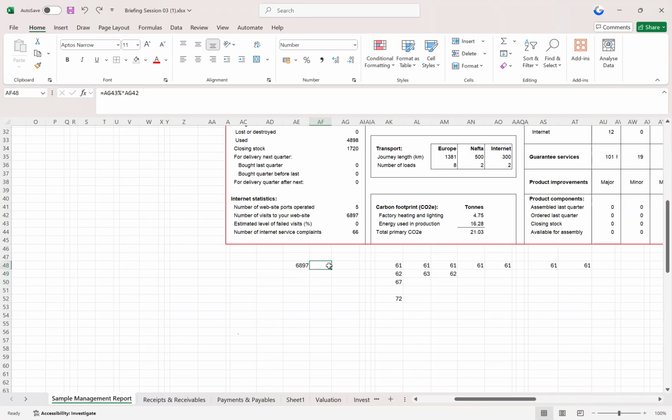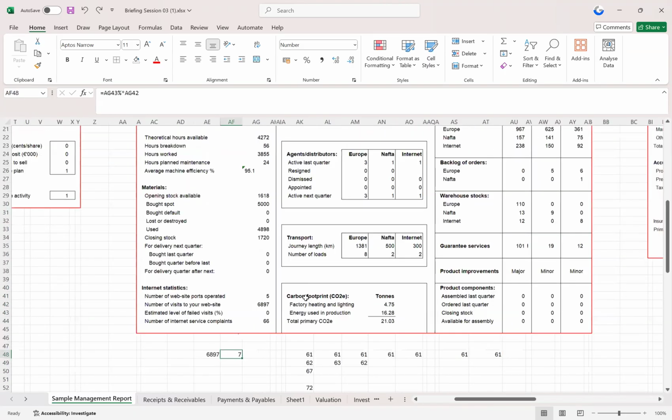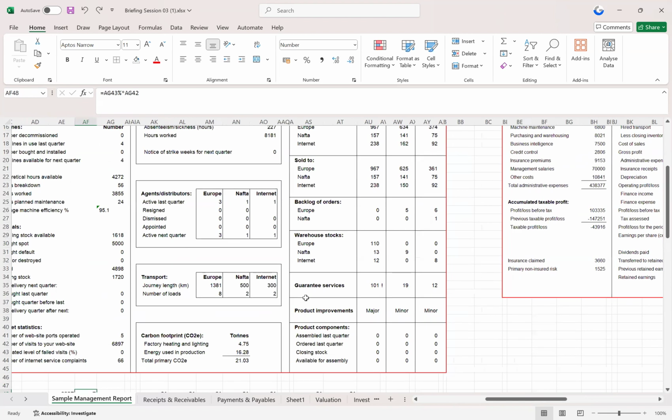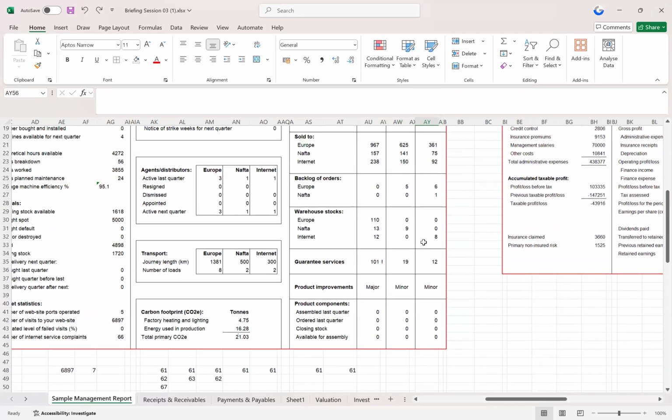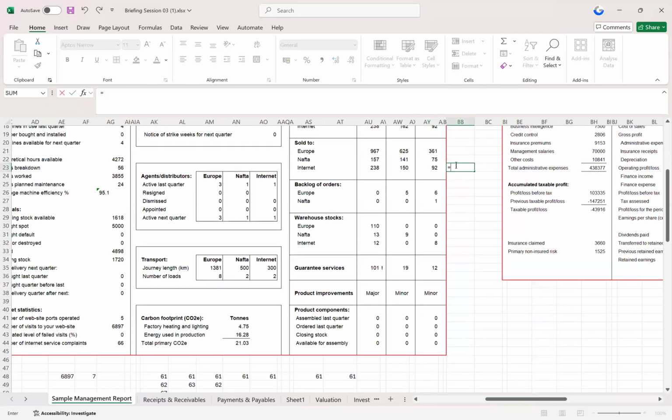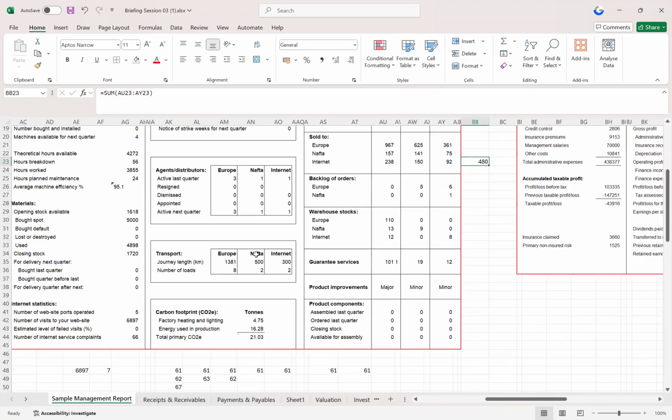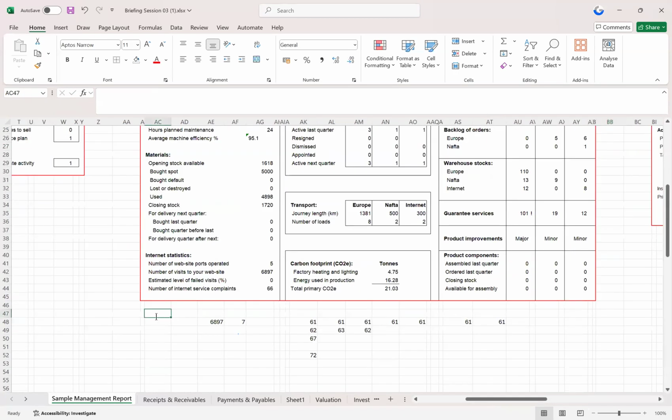See, let's do a reverse math. We sold these many quantities over the internet, right? If I sum them up, it is 480. So 480 divided by 6897, that means almost 7%.